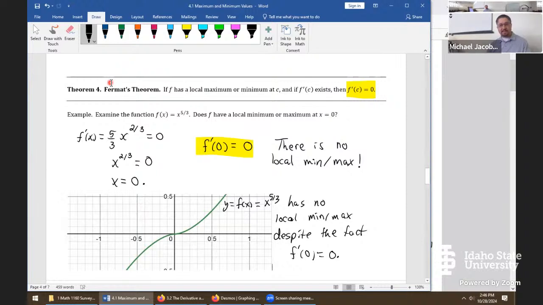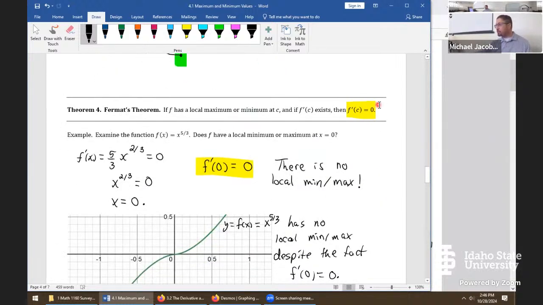So in some sense, it feels like Fermat's theorem is kind of useless in a way, but it's still a fantastic theorem. The idea is still that even though knowing the derivative is 0 is not going to guarantee we found a local minimum nor a local maximum, it's just the place we start looking.